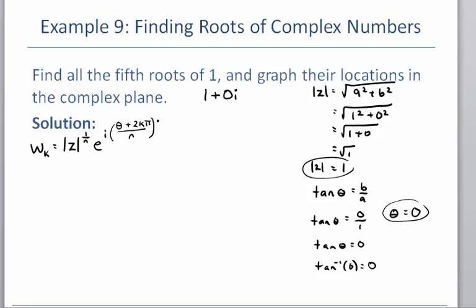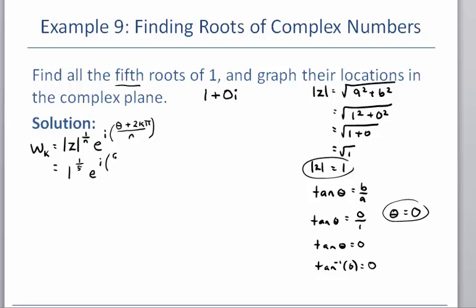Okay, so let's start plugging in. Now we're going to find 5 roots for this complex number. All right, so we're starting with the first one. We're going to put our magnitude in, which we said was 1. We're going to raise it to the 1 over n, and n is going to be 5 since we're looking for fifth roots. Then I'm going to have e to the i.